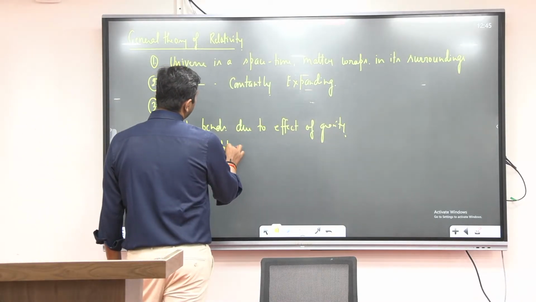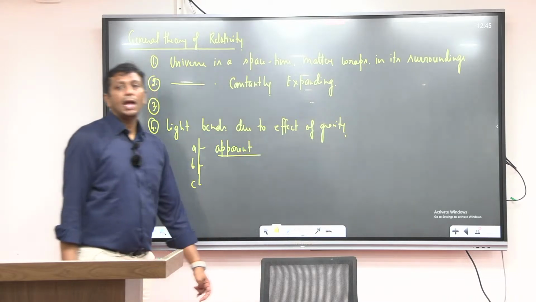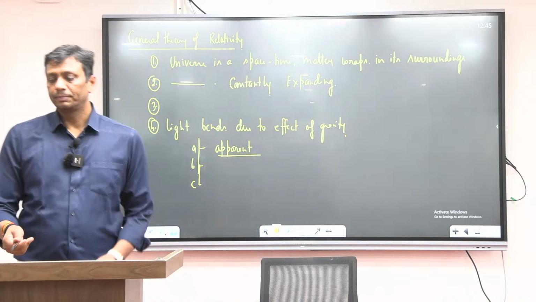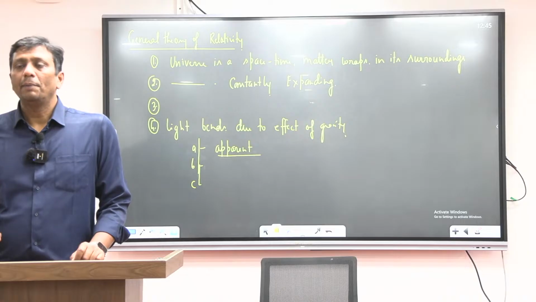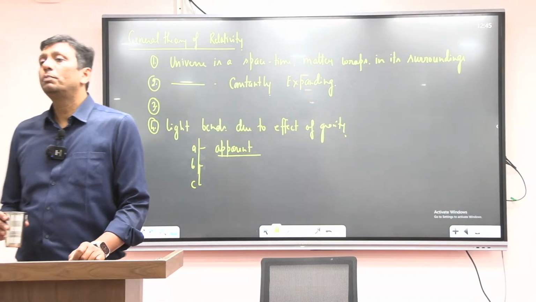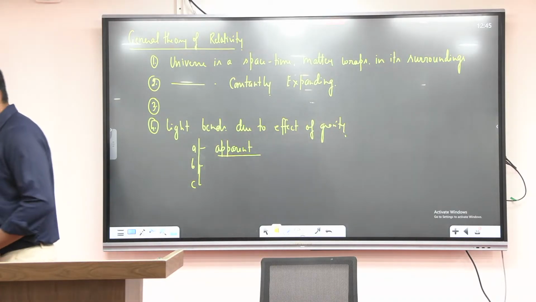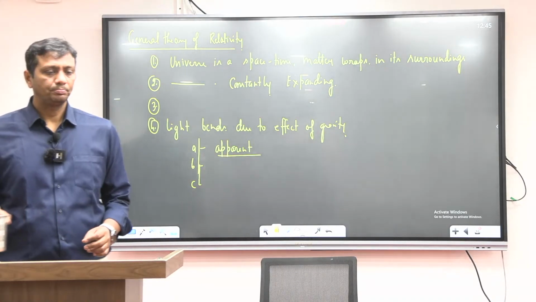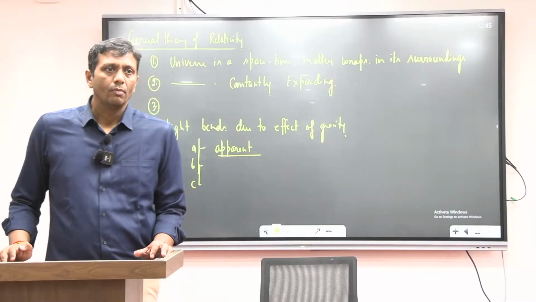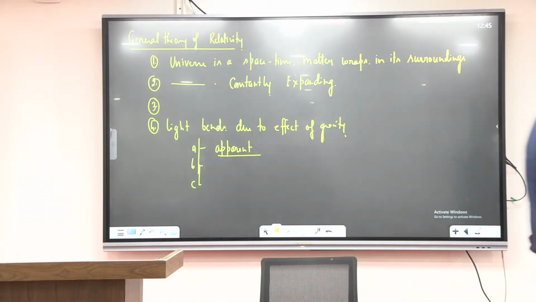The apparent position of a star is different from the actual position of a star.